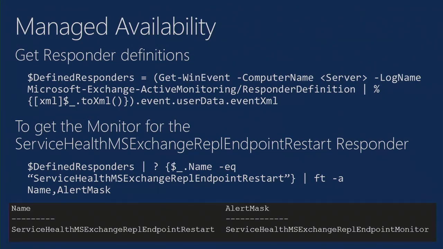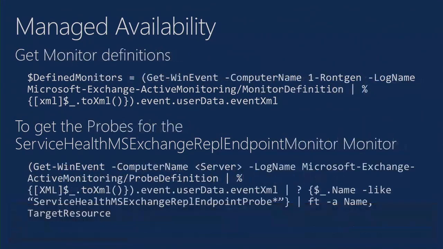But you can see what it is under there. Okay, so now we know the name of the monitor. We're working backwards through the responder. Once we have the name of the monitor, we want to look at the monitor definitions, because the monitor definitions will start leading us to the probes that triggered this monitor in the first place. So again, the first commandlet up here is going to get me those definitions out of that monitor definition event log.